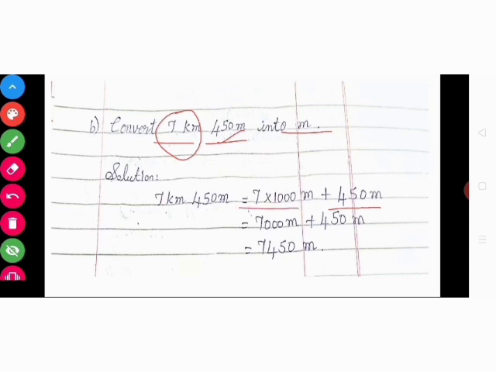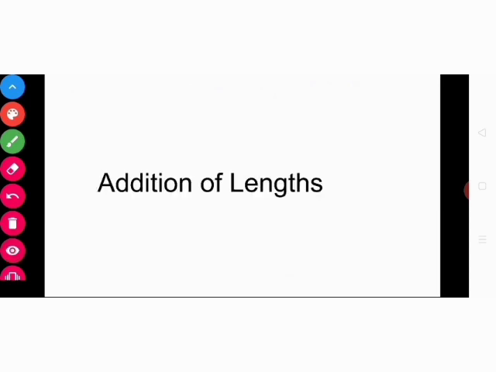Yes, 7 into 1000 meter is 7000 meter plus 450 meter. These two you want to add. 7000 meter plus 450 meter. Your answer is 7450 meter.